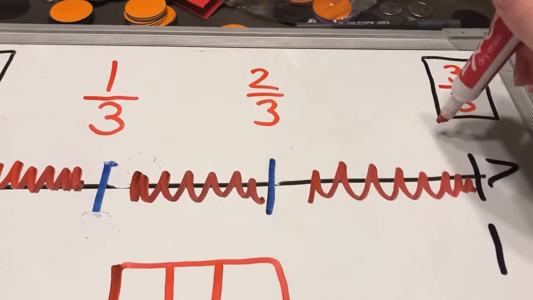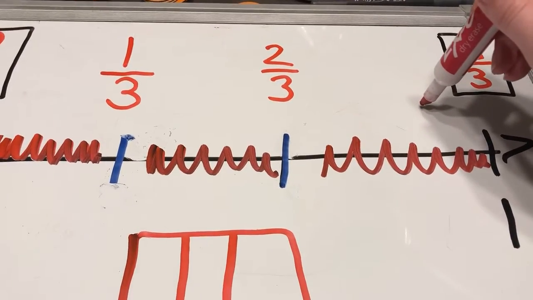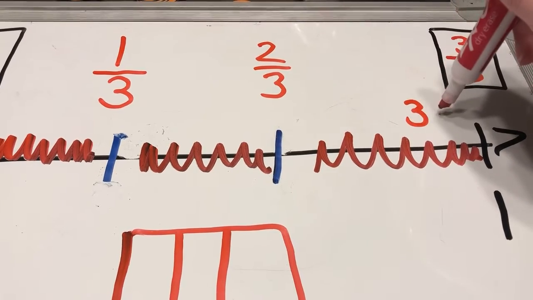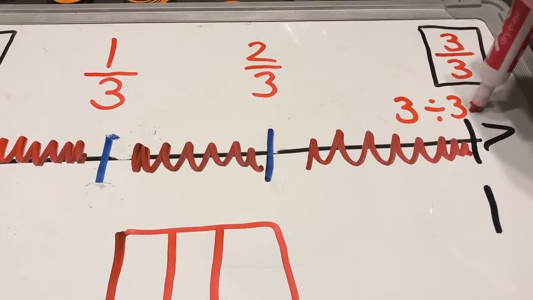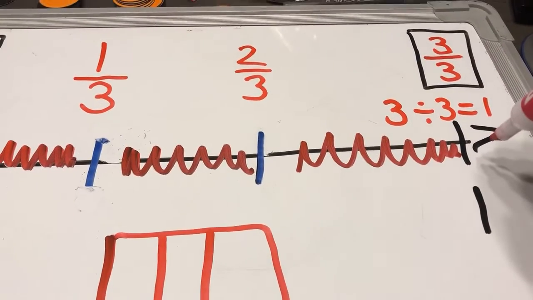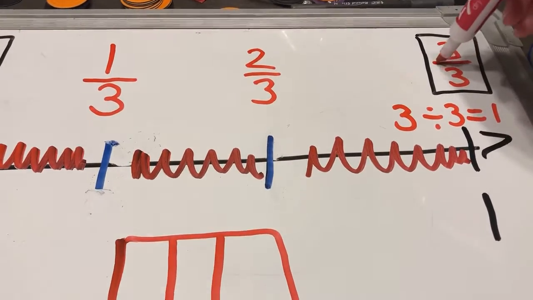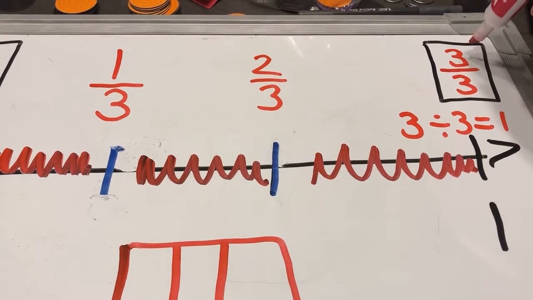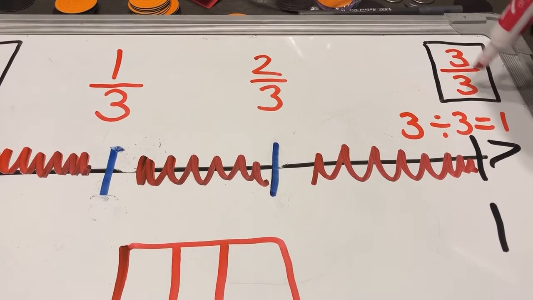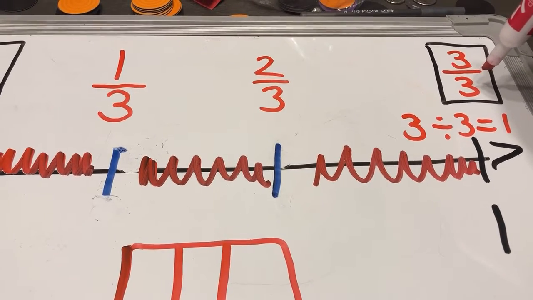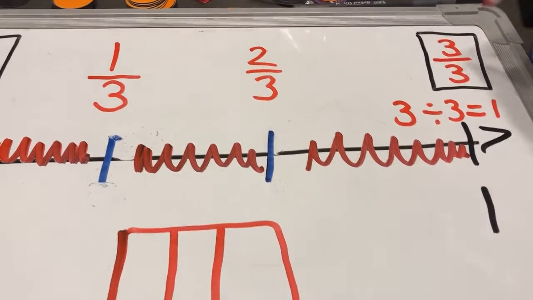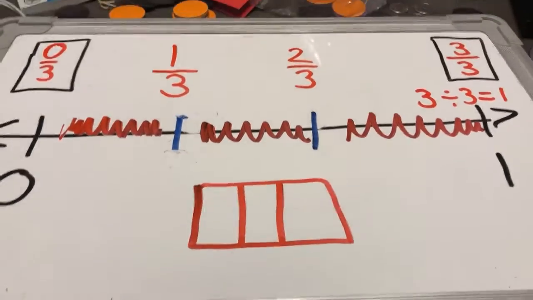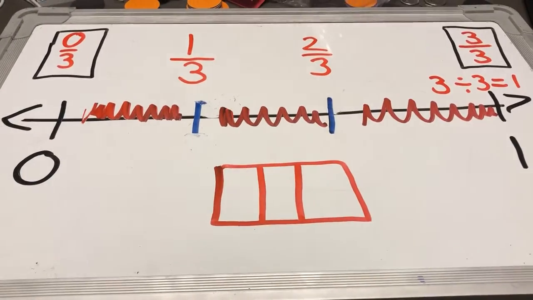That makes sense because if we have 3 objects and we split them into 3, 3 divided by 3 is 1. Remember, this little symbol that divides our numerator and denominator tells us to split something, just like when we divide. So that's fractions on a number line for a whole.